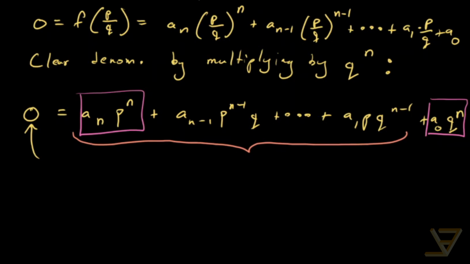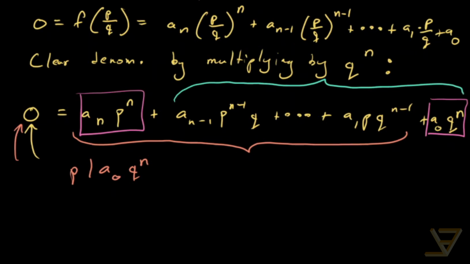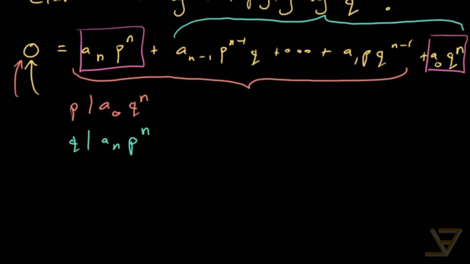And p divides 0 as well. That means p divides the last term as well, a_0 q to the power of n. Similarly, if we take all the terms except the first term, we find that q divides all of them. That means q also divides a_n p to the power of n, which is the first term. This is the key insight.